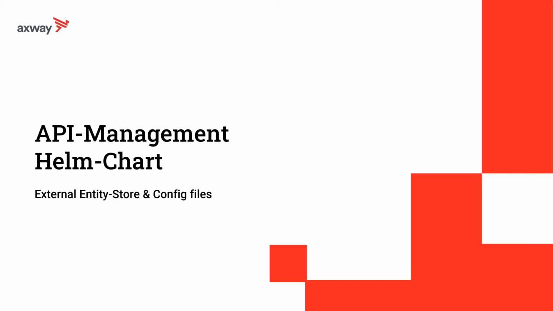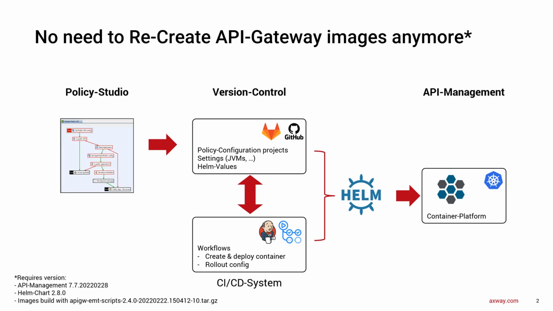So let's get started with an overview about the different components. In this video, you will see how I will use the Policy Studio to make configuration changes, which I will then commit and push into my version control system that contains my different policy configuration projects, my settings, and it also contains my Helm values files, which will override the standard Helm values from the provided Axway Helm chart.